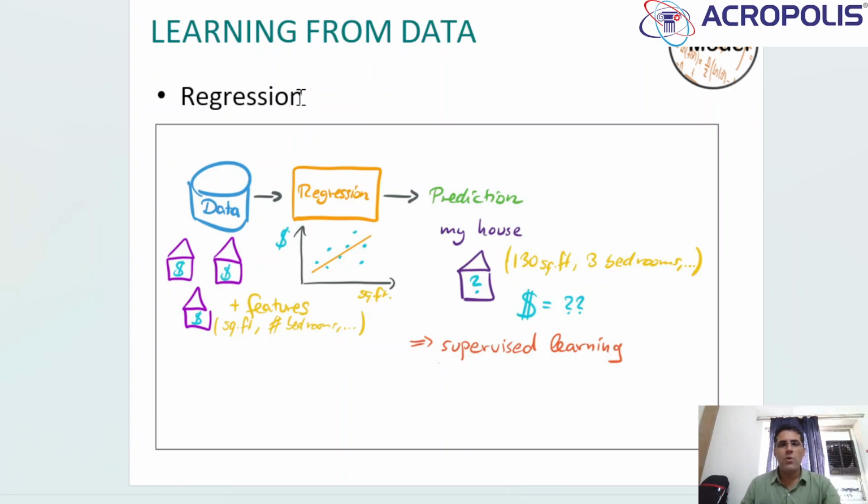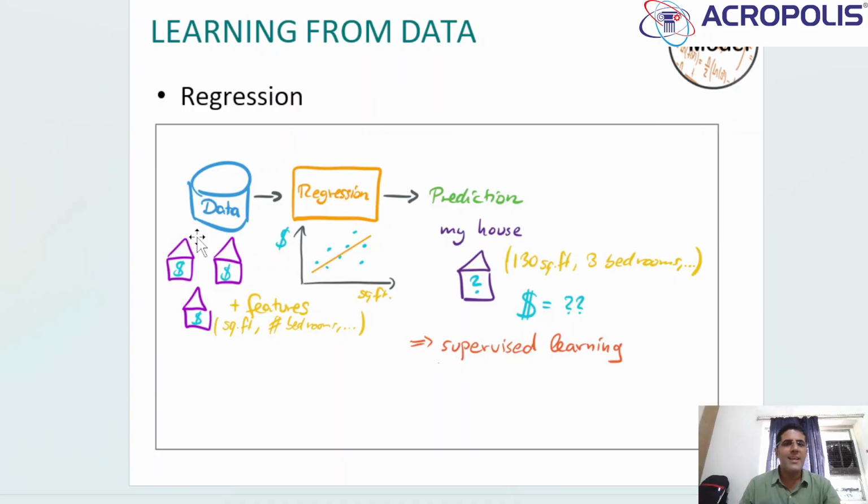How many of you are aware of regression? Regression is just fitting the features to a standard that will try to minimize the errors. This is what regression is all about. Here I have drawn some data related to house price prediction.